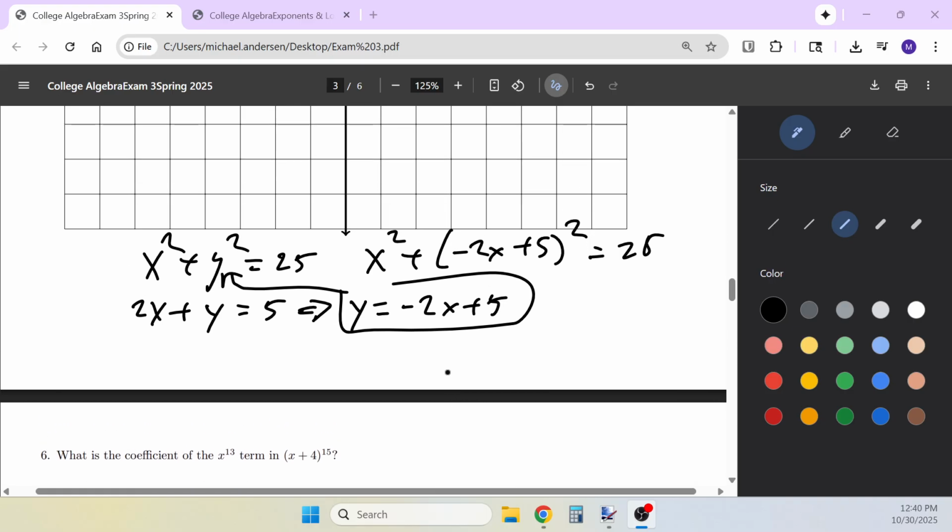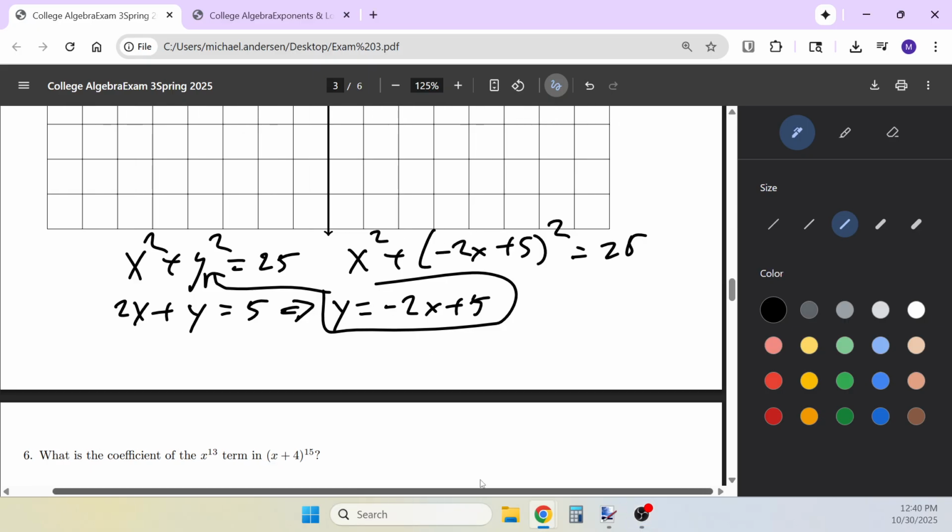We were plugging the y equation into the other equation here.